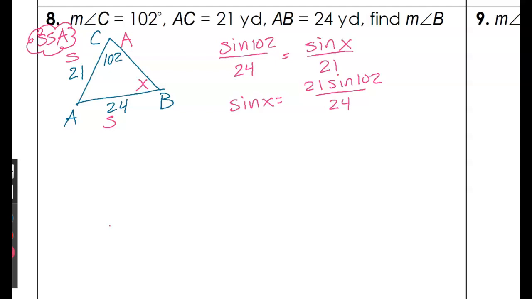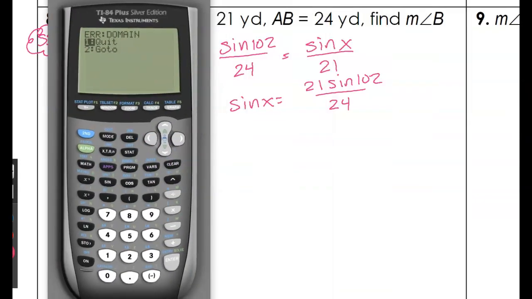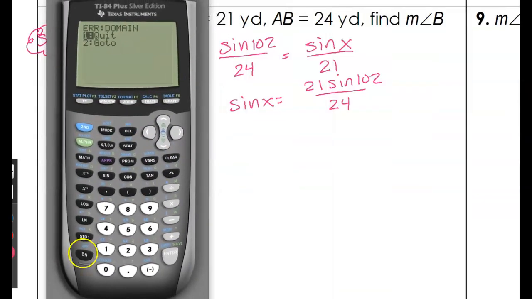And then remember though that once I plug this in the calculator, what I will have is sine of x. So you would need to continue and use inverse sine to get what x is actually equal to. So here I do 21 times sine of 102 divided by 24.